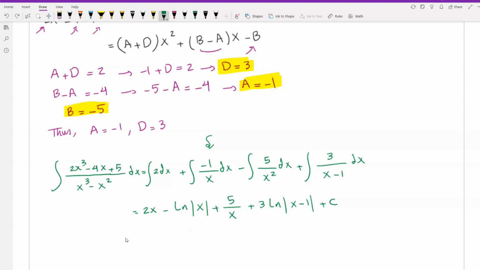And then we have negative integral of 5 over x squared, so integrate that part, that is positive 5 over x. Here again we have natural log, so integrate 3 over x minus 1, that is equal to 3 times natural log of the absolute value of x minus 1, and then add the constant. So here's the final answer for this part.